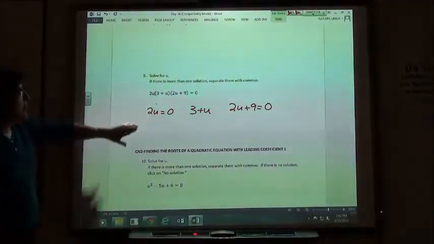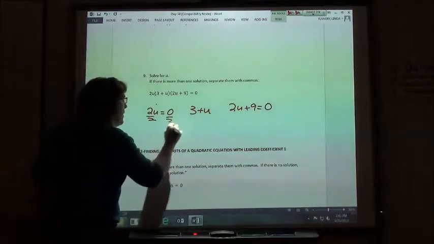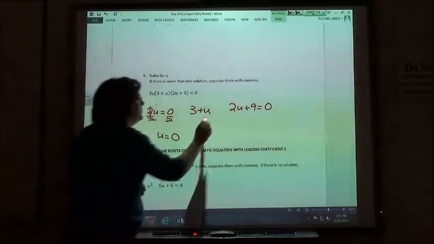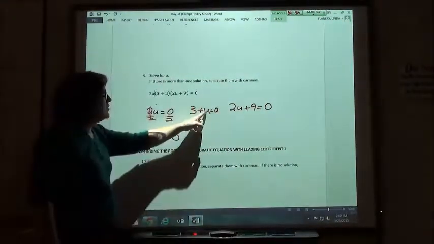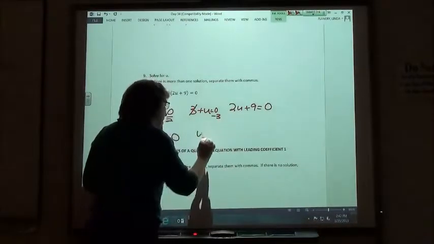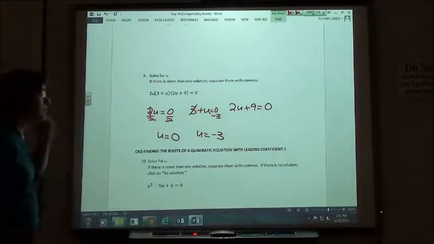So if I solve this one, I have to divide by my 2. 0 divided by 2 is still 0. If I'm going to solve this one, I've got to move my 3 to the other side, so I've got a minus 3. 0 minus 3 is minus 3.